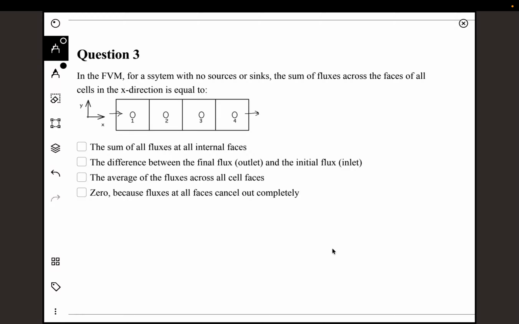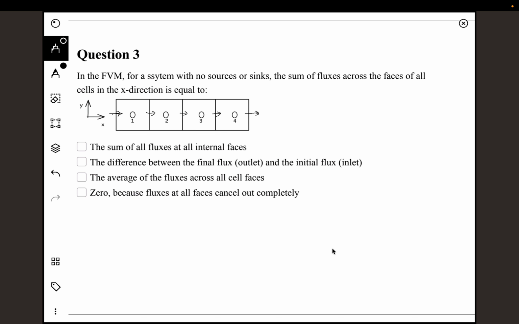But in finite volume, we are always making sure that what goes out is equal to what comes in. So this equality is maintained across every cell, which essentially means that this will be equal to the one that is leaving outside. If there are no sources or sinks; if there are sources, then they are automatically accounted for.